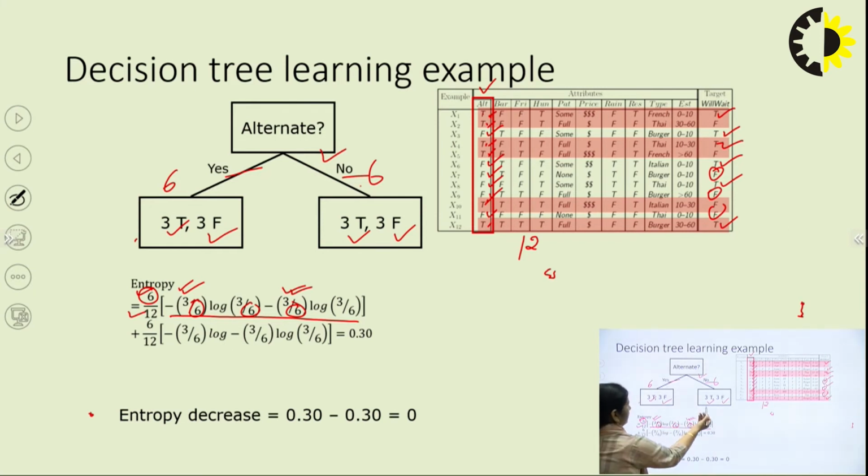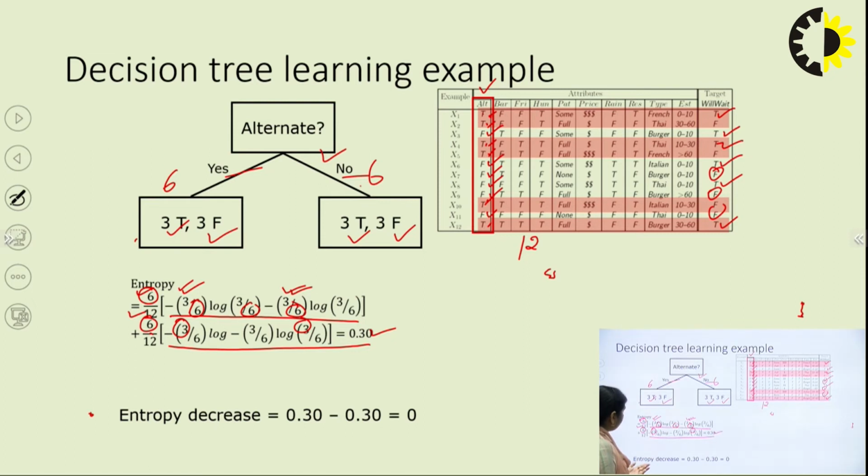Now the second part: from these 12 examples, 6 are false, 6 are negative. When we take these 6 as negative, from these 6, 3 are true and 3 are false. So this is the entropy of alternate within these false values. Total we have got 0.30.